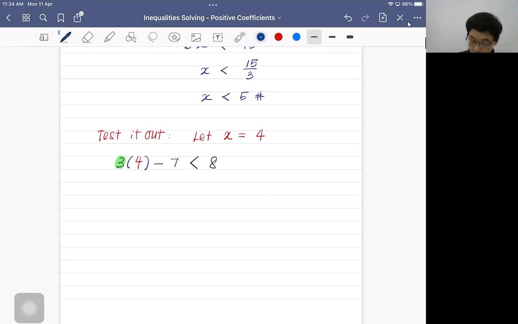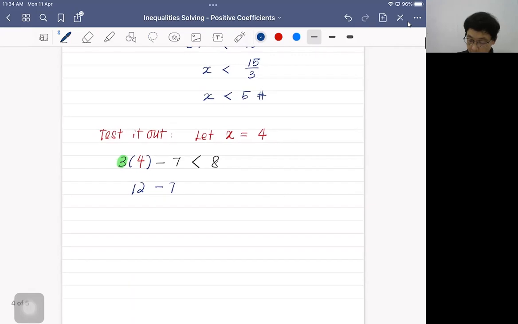It's going to be 3 times 4, 12, minus 7, and then is this lesser than 8? So we notice that it is 5, and surely, yes, this is a true statement. Yes, that confirms your working is right.